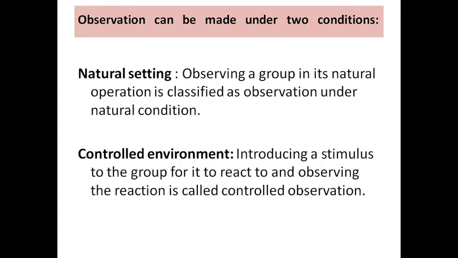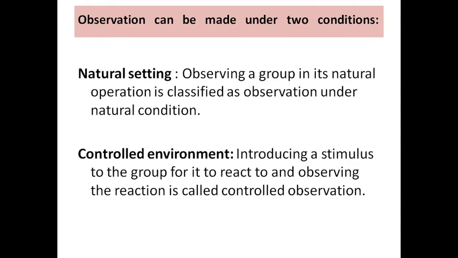Observations can be made under two conditions. One, natural setting, and the other is control environment. Now, observing a group in its natural operation is classified as observation under natural conditions. So here nothing is controlled by the observer.